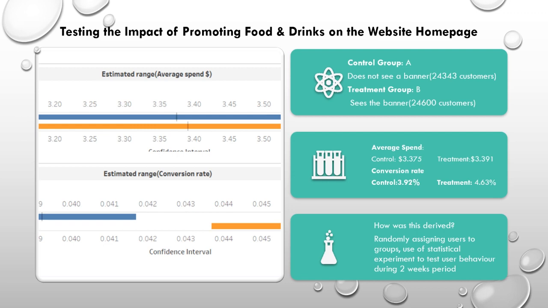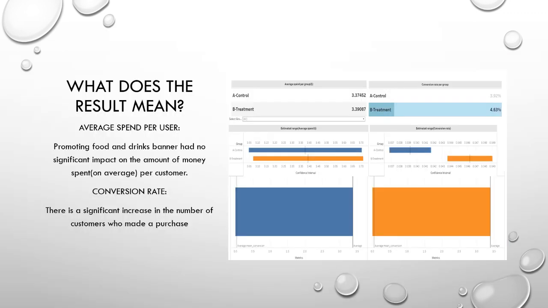Then the conversion rate, I'll explain the conversion rate. It's the actual amount of customers who eventually make a purchase after they log on to the website. So for the control group, it was 3.92%, and for the treatment, 4.63%. So what does this result actually mean?